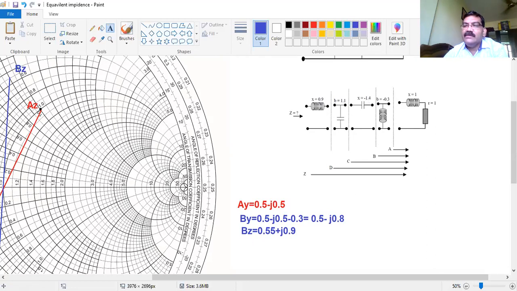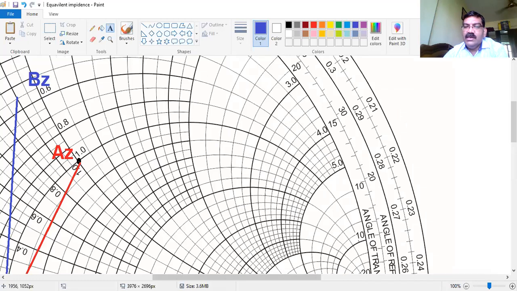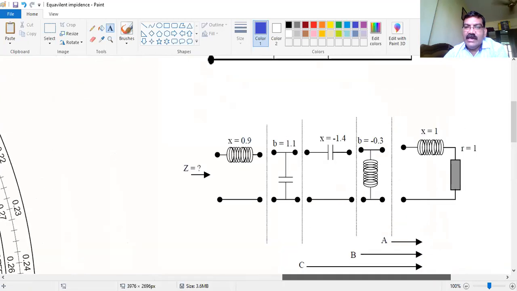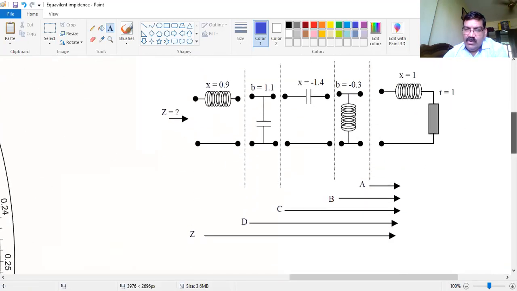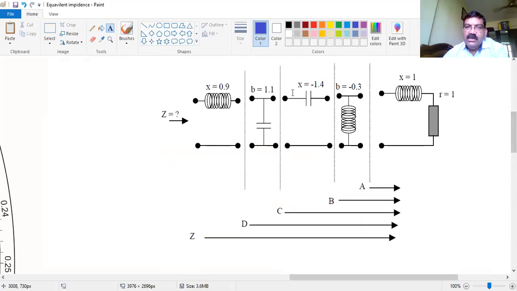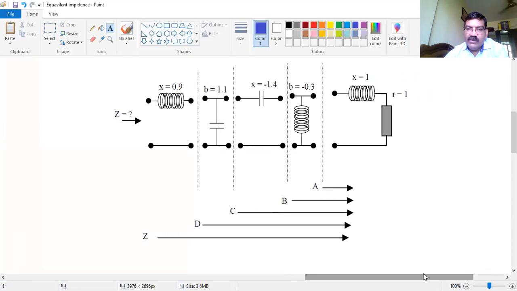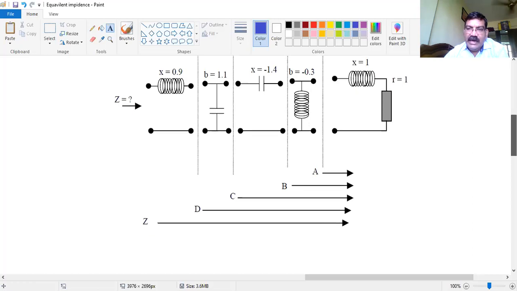Here, if you see in the diagram, it is minus 1.4. We have converted this by to bz. Now we have to add this minus 1.4. Let's see how we will add minus 1.4.